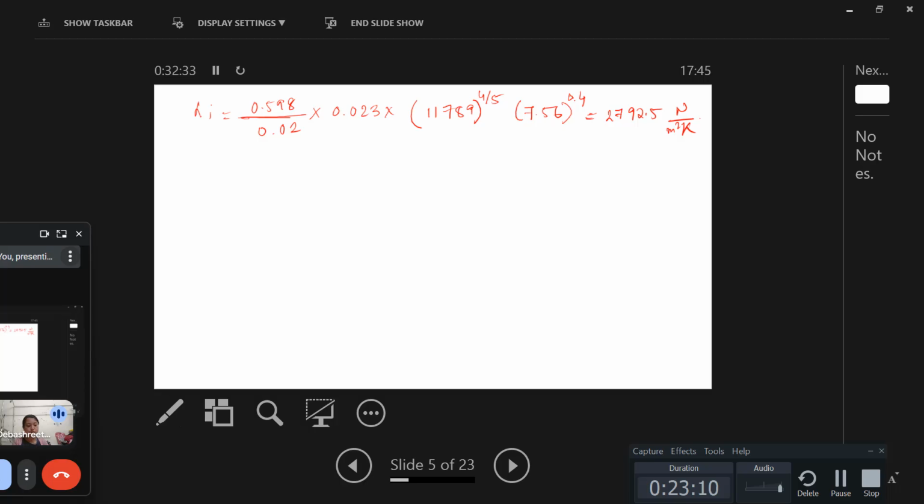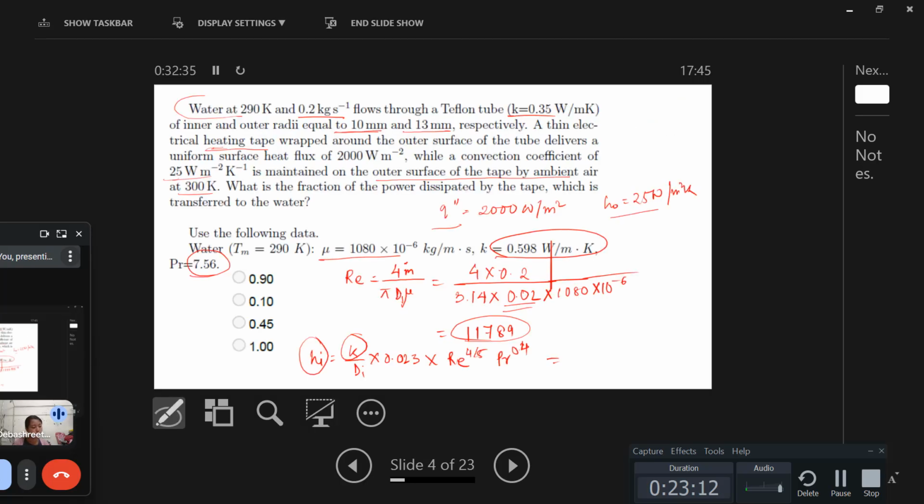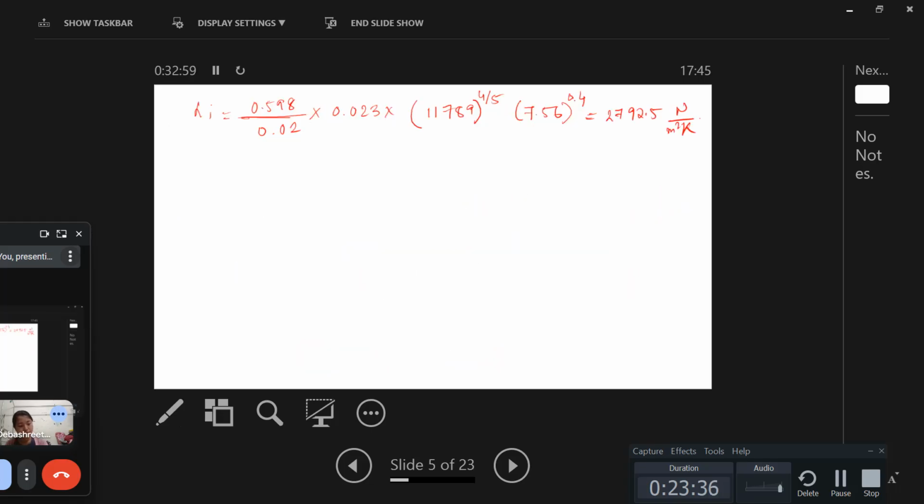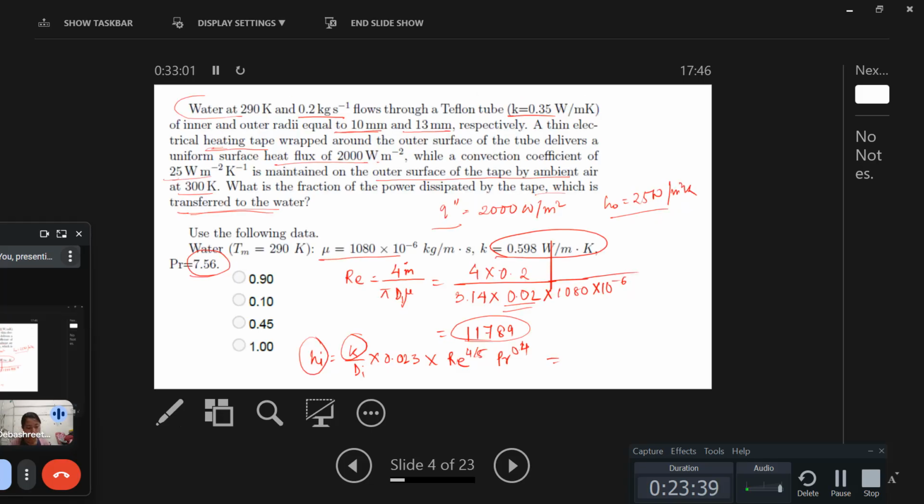Next is to find out, H naught is already given, 25 watt per meter square Kelvin. So now what is given is this total flux. This is the total flux. And what is the fraction of the power dissipated by the tape which is transferred to the water? That means how much is transferred to the water, divided by this total flux. So how do we get how much energy or power is transferred to the water?